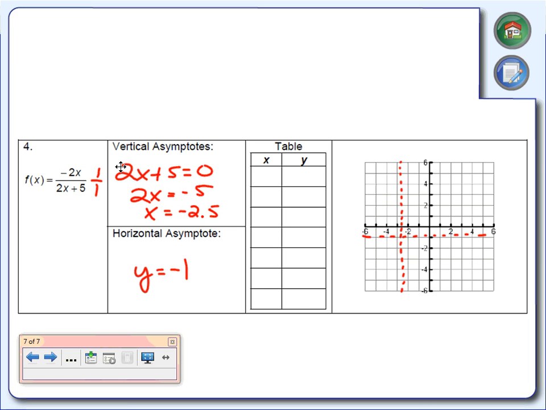Again, your calculator may be giving you your y values as fractions, which is okay, but it's a little easier if you convert those fractions to decimals. It's a little easier to find.